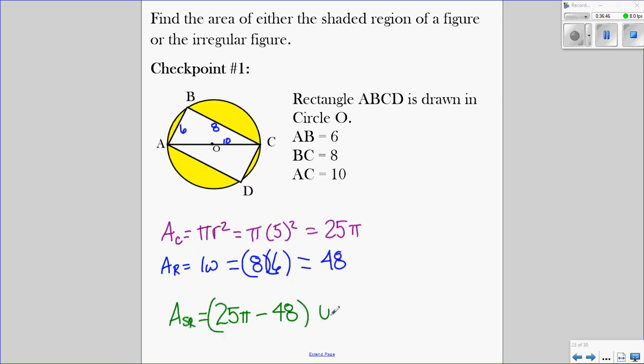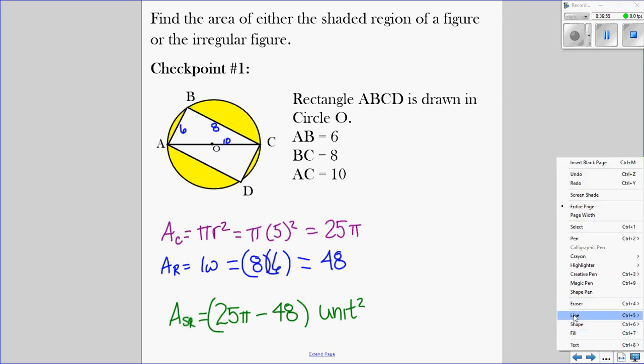And that's it. And then you just put units, square units. That's the area. All right, just make sure that everything, yep, that's all good. And I'll just box that because that's our answer.